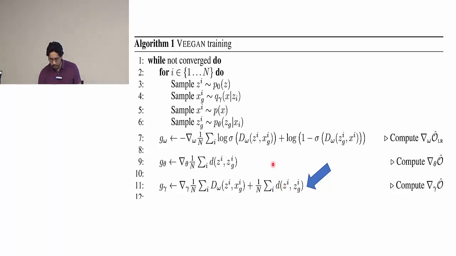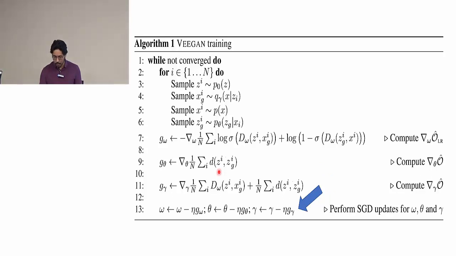So this right here is exactly the same as this one up here. Once you have those values, you perform stochastic gradient descent updates for W, theta, and gamma, and that completes the loop for the VEEGAN training, which continues until it converges.